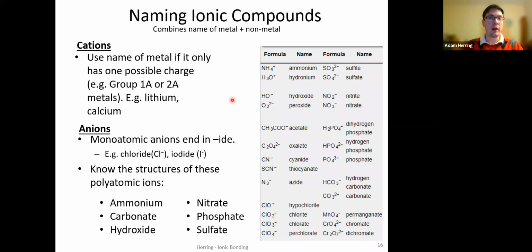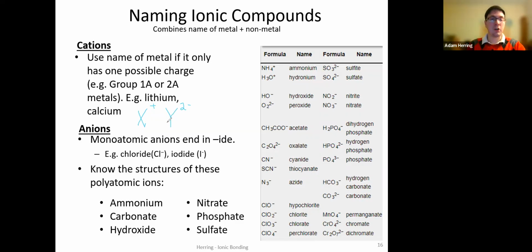So when we form ionic compounds, the charges of the cation must cancel out the charges of the anion. And there's a neat little trick to this. If we have a cation, it's going to have a positive charge. Let's call this element X. Element X has some positive charge, and then it's combining with element Y, and it has some negative charge. In this case, let's say that element X has a positive 1, element Y has a negative 2 charge.